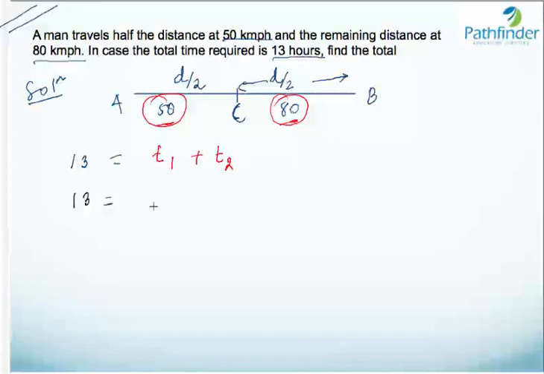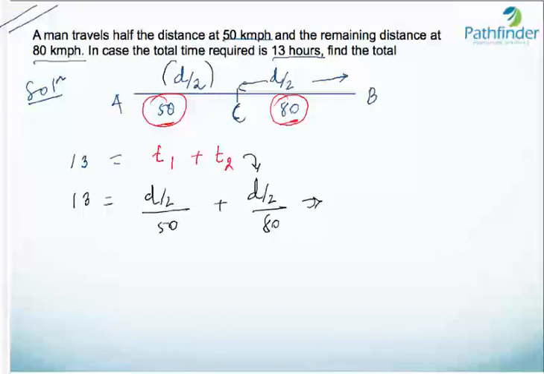Now, what is the time in the first segment? The distance, that is d by 2, divided by 50, plus the time taken in the second segment, which is again d by 2 divided by 80.